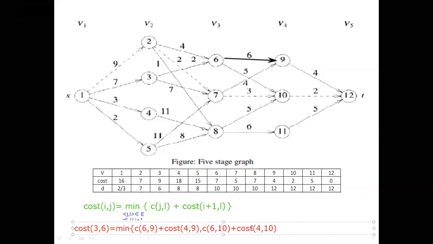Right, these are the two formulas we got because there are two paths. That's why we got two.